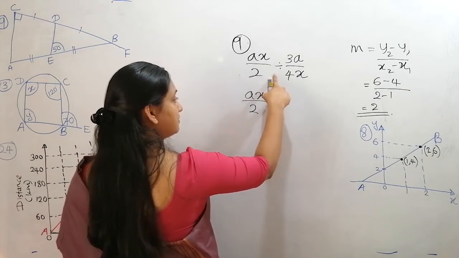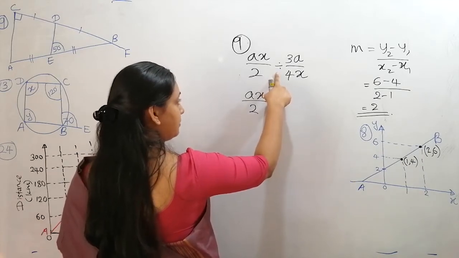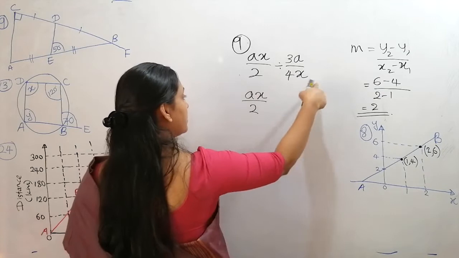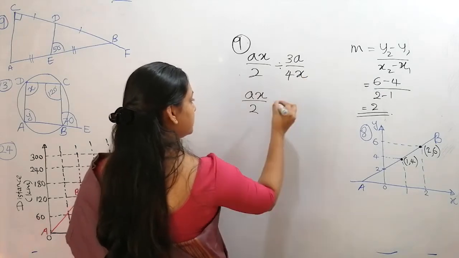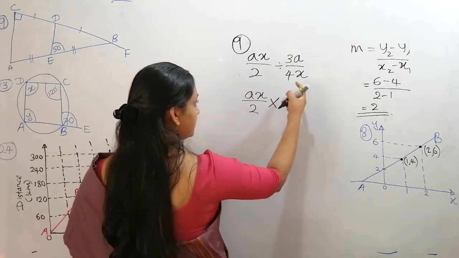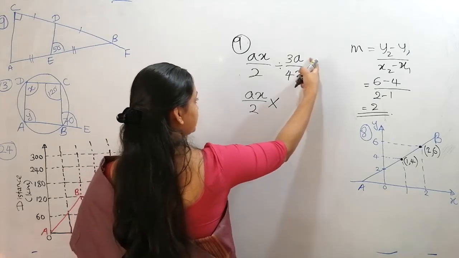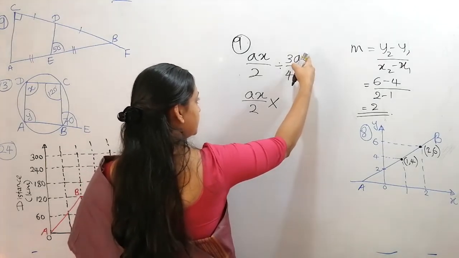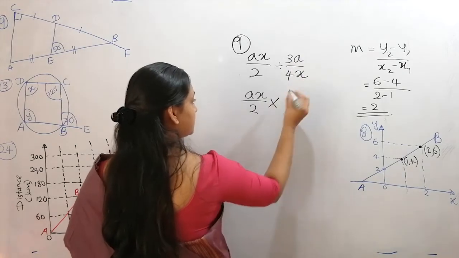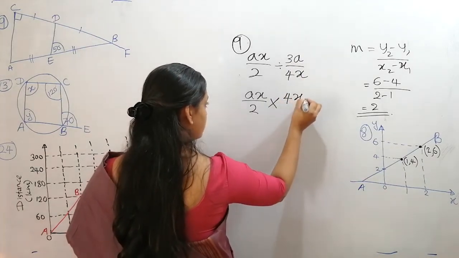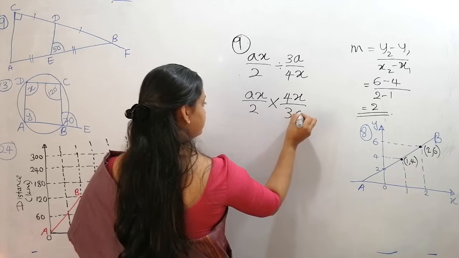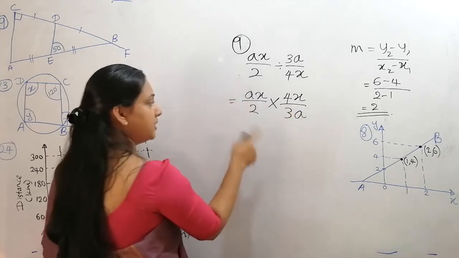Then we can convert the division into a multiplication with the reciprocal of the second term. Then multiply the reciprocal. We have to bring the denominator into the numerator and the numerator into the denominator: 4x over 3a. This is the method.